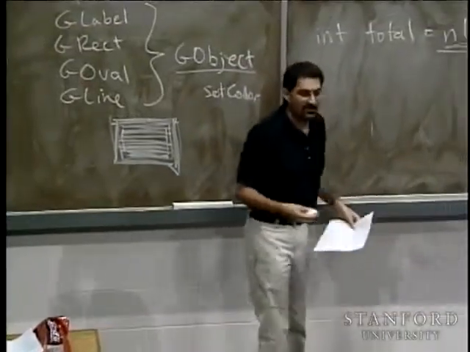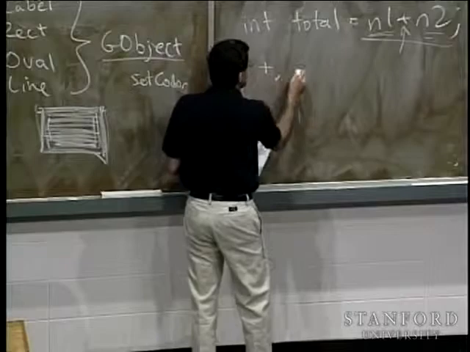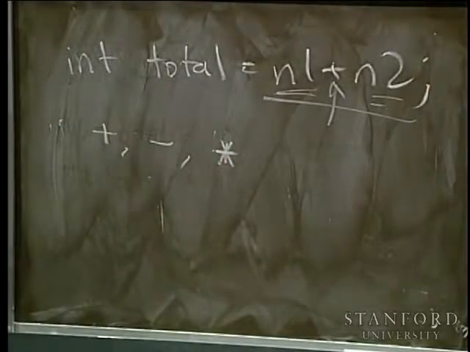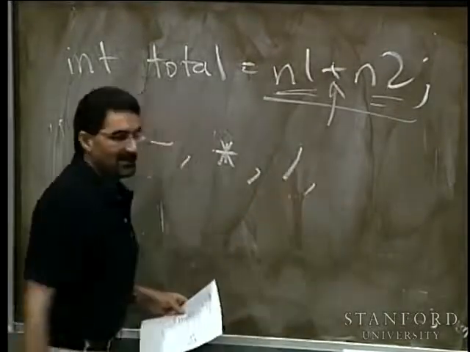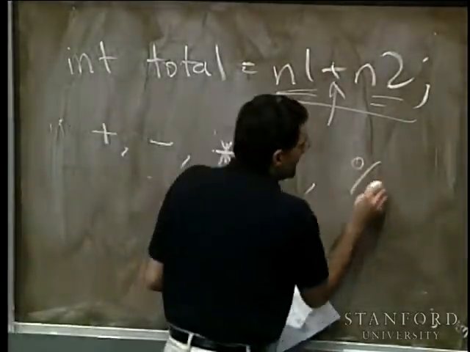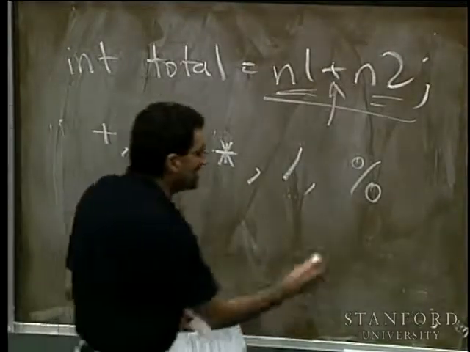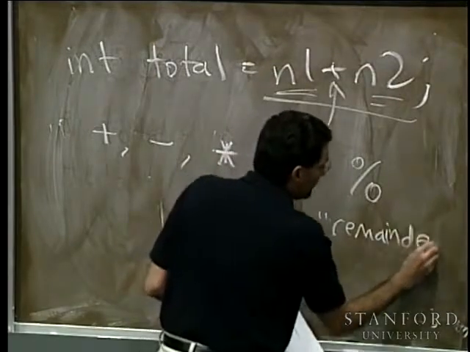You've probably seen these. There's a bunch of operators you should know about. The operators are things like plus, minus, times, which is actually a star or an asterisk, that's how we refer to times. It's not an X. Division, and then strangely enough, this thing that looks like percent. And it's not the percentage operator, although you might think that. This is what's known as the remainder operator. Okay?